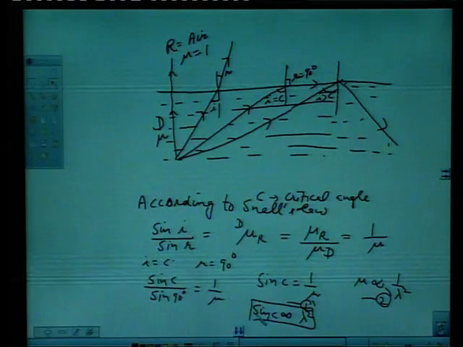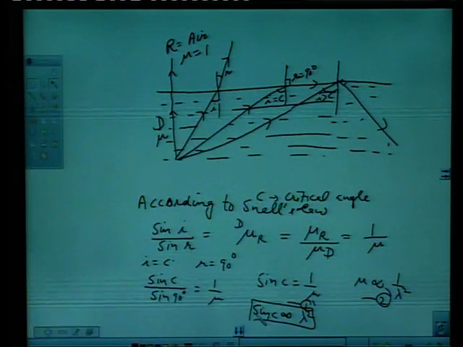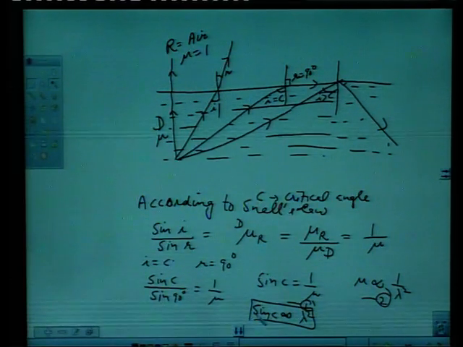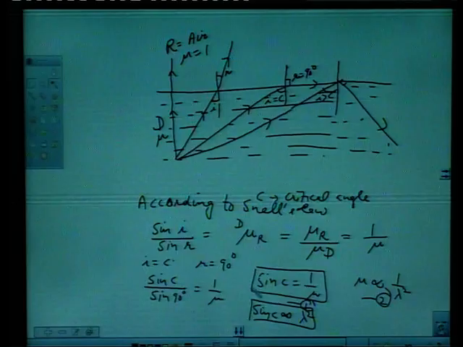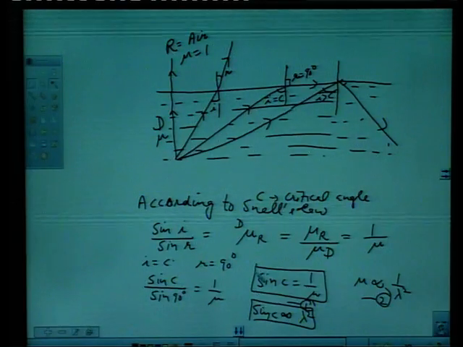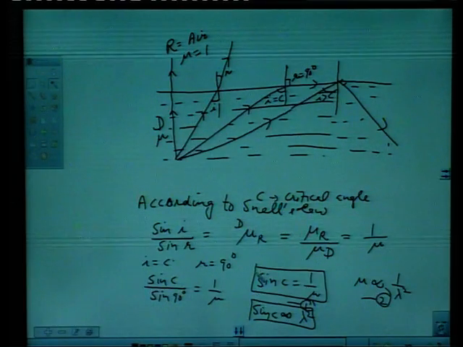So the more the wavelength of the light used, the more the critical angle, and if the refractive index is more, the critical angle will be less. So this is the formula used for total internal reflection.